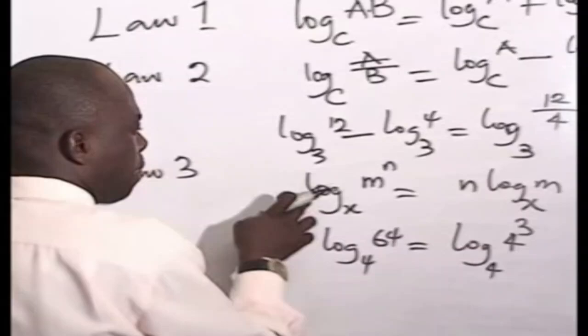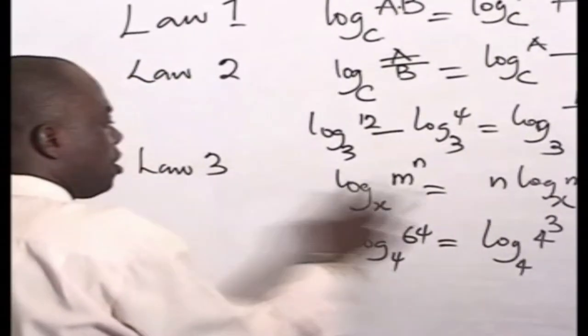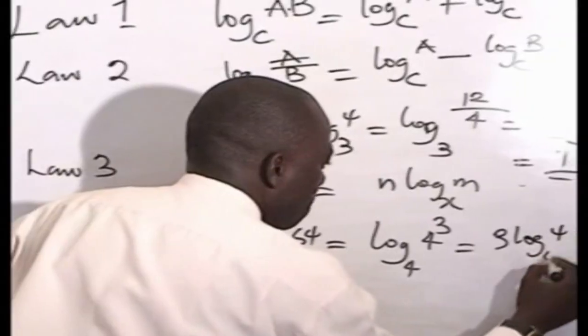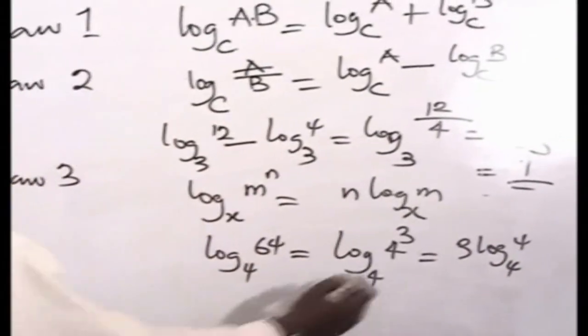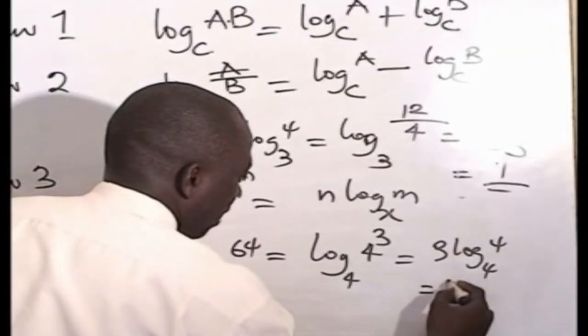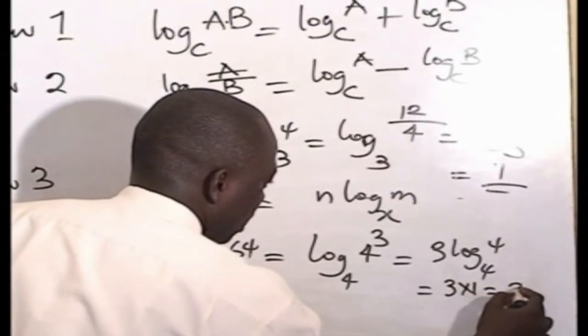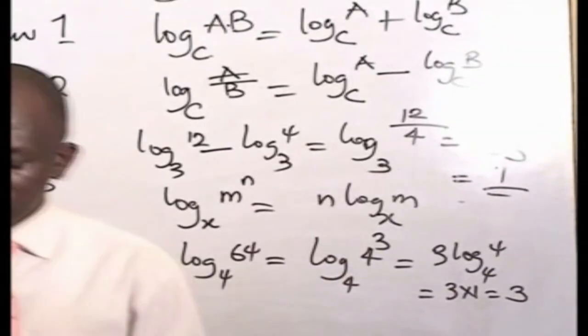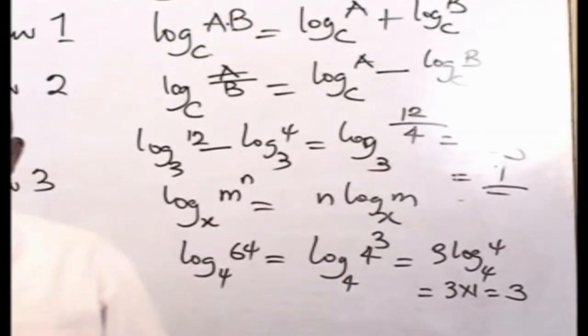According to this law, this can be re-expressed as 3 log 4 base 4. And again, log 4 base 4, like I already shared, becomes 1. So the final answer here will be 3 times 1, which again is 3. So that is the third principle.